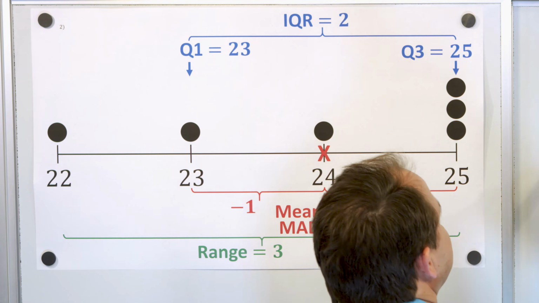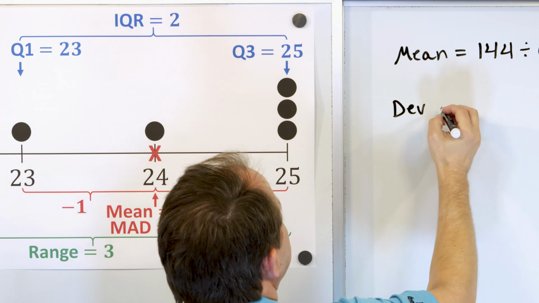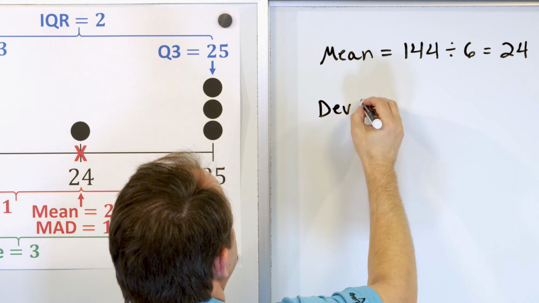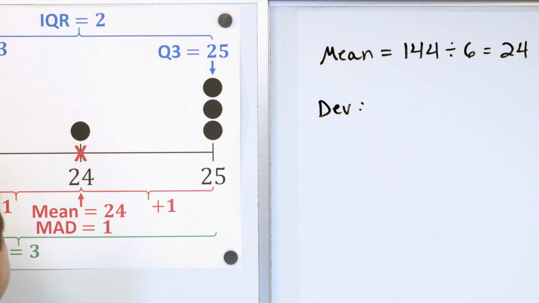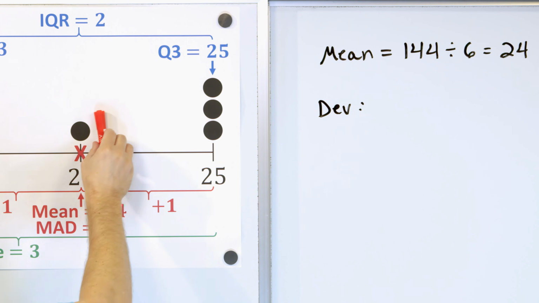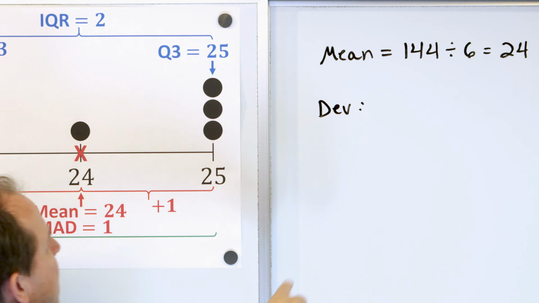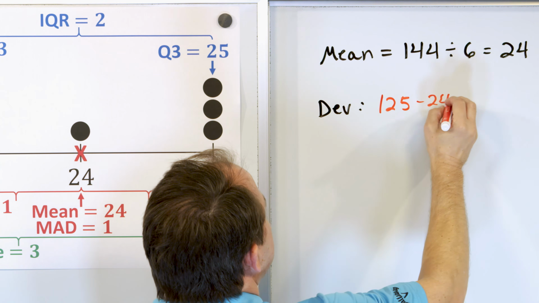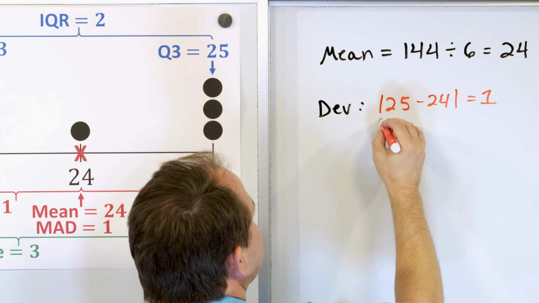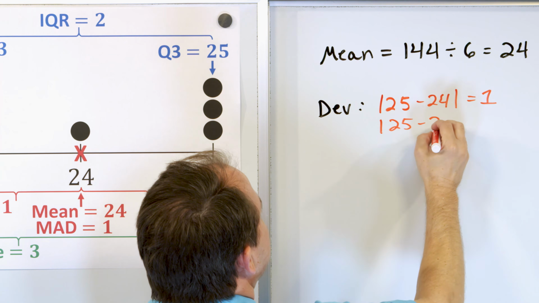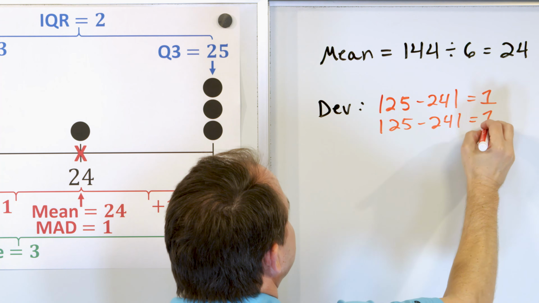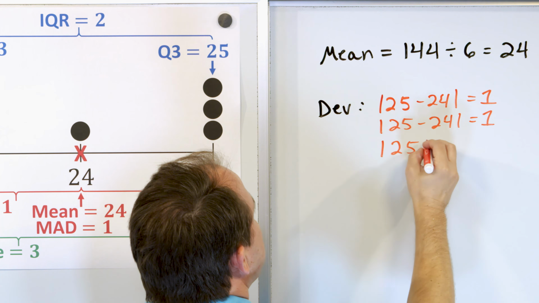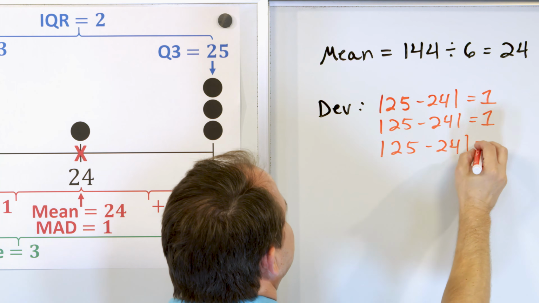Now we have to find these deviations, these absolute deviations, right? So what we want to do is take a look at 25 minus 24, but we have 3 of them. 25 minus 24 is 1, and the absolute value is 1. 25 minus 24, absolute value 1. 25 minus 24, absolute value 1.